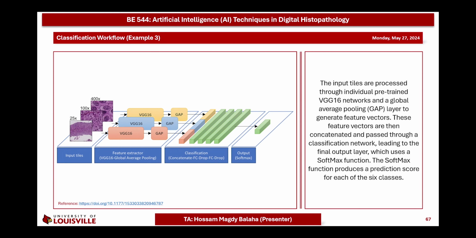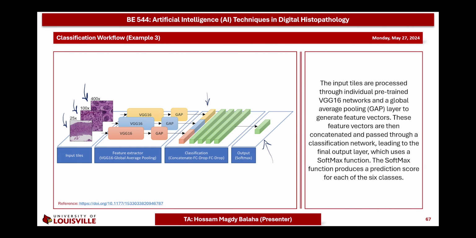For example, they extracted a tile at 25x, the corresponding tile at 100x, and the corresponding tile at 400x, and then applied the three of them to three separate models. VGG16 here is a pre-trained deep learning model that we are also going to deal with, but here we are only getting the idea. They then get three different vectors, which are concatenated together to get the final output. This is also an approach to solve your problem.